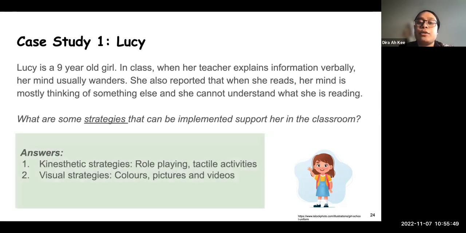In this case, we could implement some kinesthetic strategies, such as role-playing and tactile activities. This way, she can engage in activities and learn rather than just reading or just listening to verbal instructions. Another strategy could be the use of visuals, so incorporating some colors, videos, and pictures to help gain her attention.